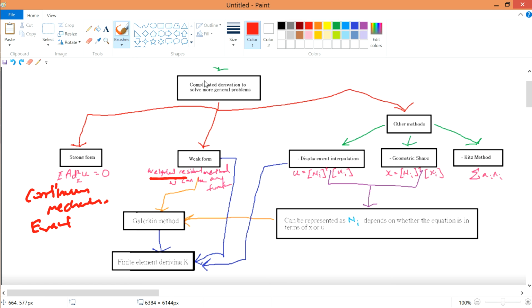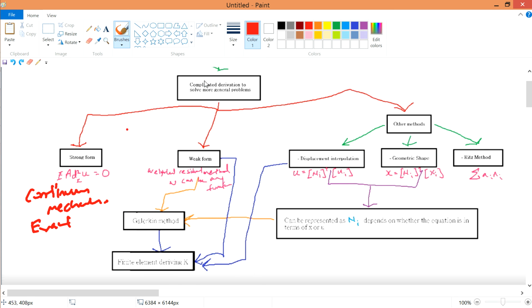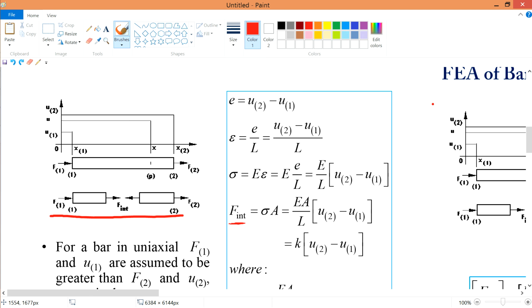We call it the weighted residual method, which requires interactions between the displacement interpolations and the geometric shape. When you mix everything together, you have Galerkin's method, but I will not go into that first. I just want to introduce you to this concept. The strong form we are going to talk about in the next video, just to show you why it is a strong form. Therefore I shall see you there.